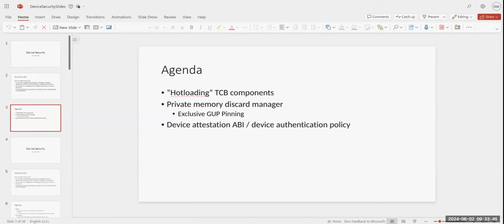I don't think anybody is debating the value of being able to do hot updates like that. That's not the issue. But I think we had a good discussion about this. I think we need to take this to the list.